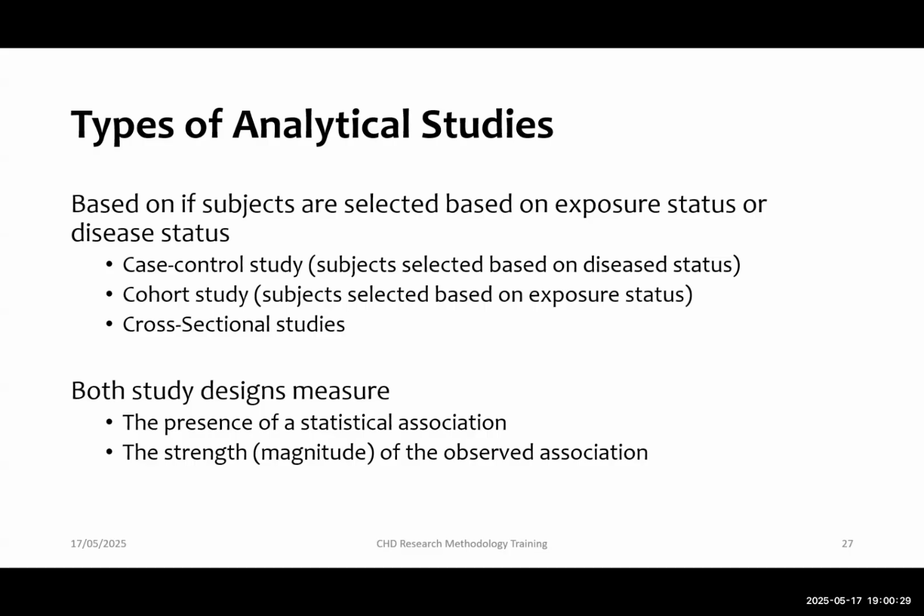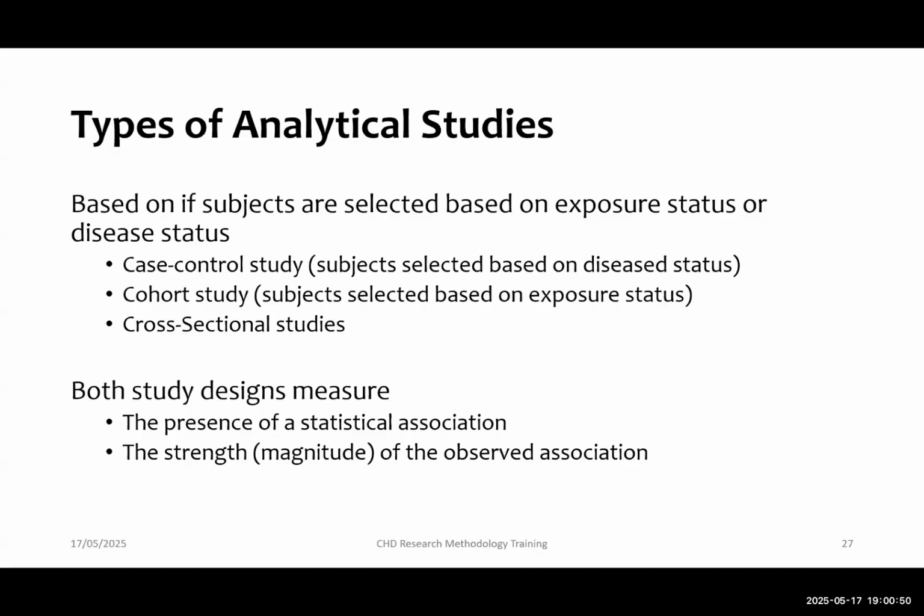You're looking at those who have the disease and those who don't have the disease, and you check back on whether exposure to the factor that can lead to the outcome is higher among those with the disease.